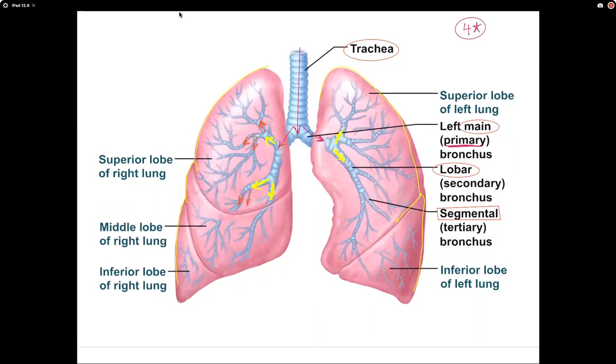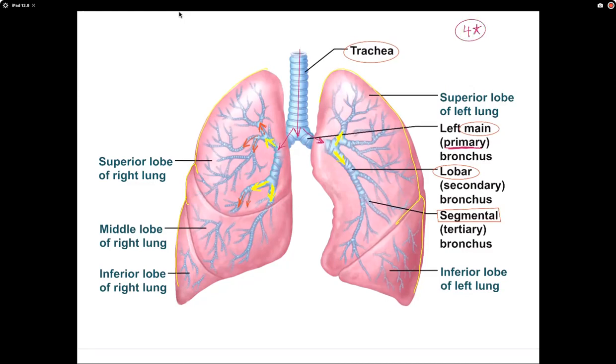The lobar bronchi or the secondary bronchi, those are the main branches from the main bronchi, and the segmental bronchi, those are the smaller branches. Highly important, it's a 4 stars diagram.